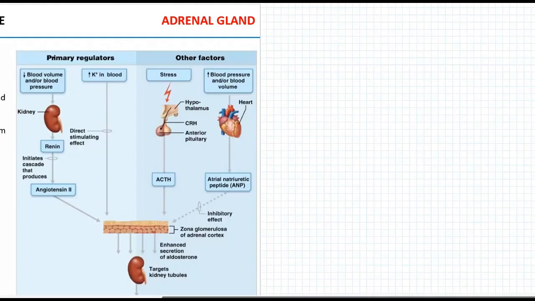So aldosterone is a mineralocorticoid that controls, first, sodium content. Quick reminder, do you remember what osmosis is? Movement of water towards higher concentration of solids. One of the main solids in the extracellular fluid and blood is sodium.